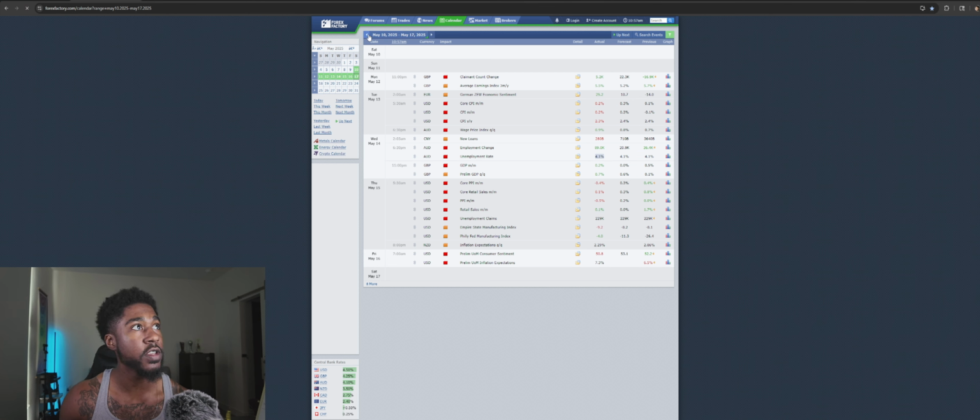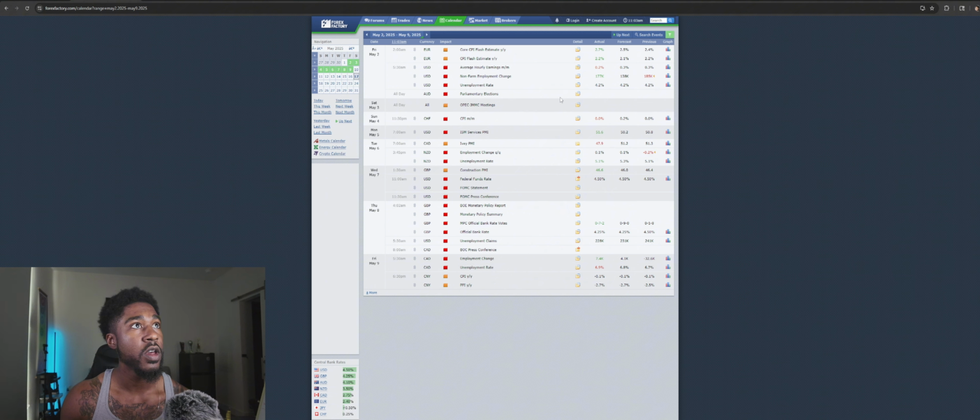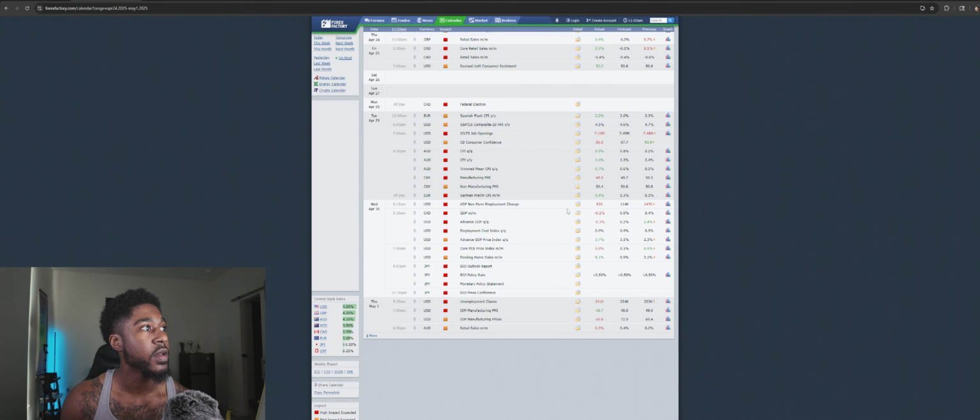If I go to the week before that, we had strong CPI, strong CPI, strong CPI. We're getting strong news consistently from the Australian dollar. It shows me that the Australian economy is doing well right now, and that I see some strength in the Australian dollar.